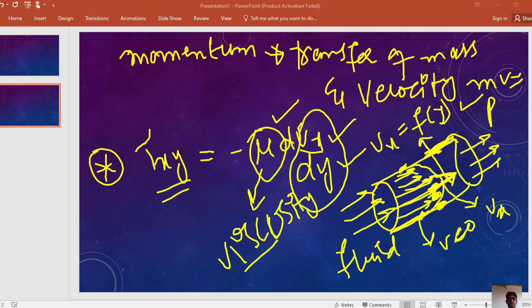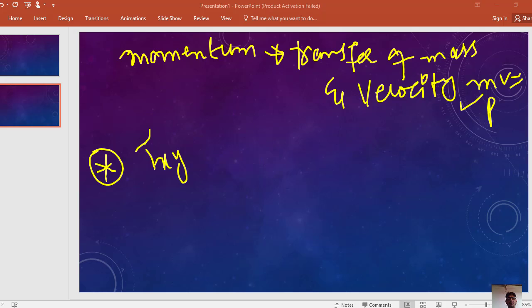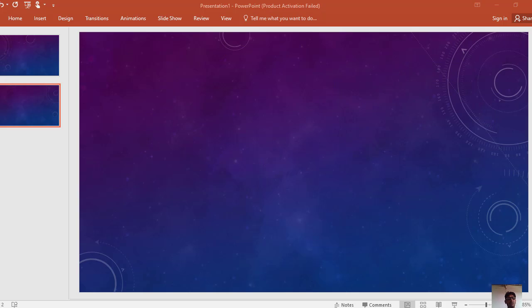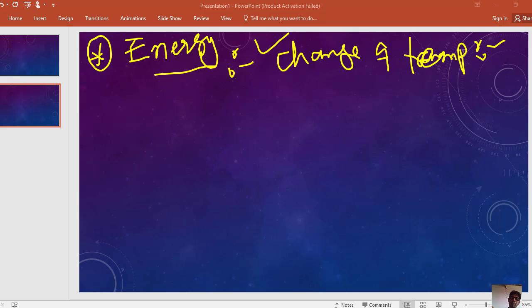Similarly, in the energy transport there is a temperature gradient. The temperature changes in the x or y or z direction. The second important transport phenomenon is the energy transport. What is the energy transport? In energy transport, we are discussing change of temperature or change of energy.